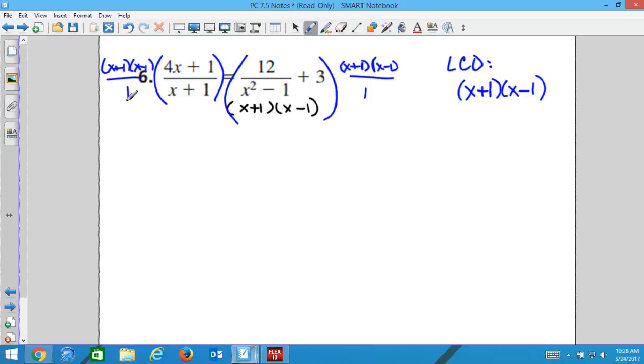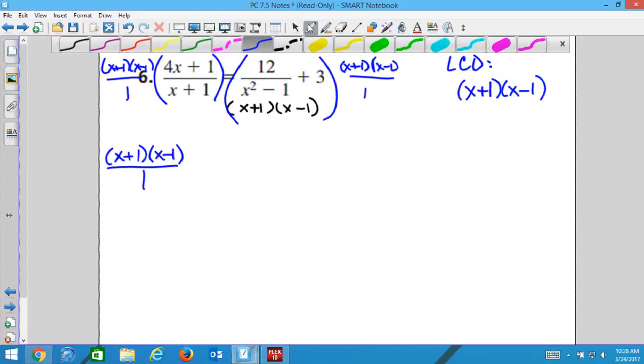It's gonna take me a moment to write it down. There's 3 times I'm multiplying x plus 1 times x minus 1. And I'm changing color every time.